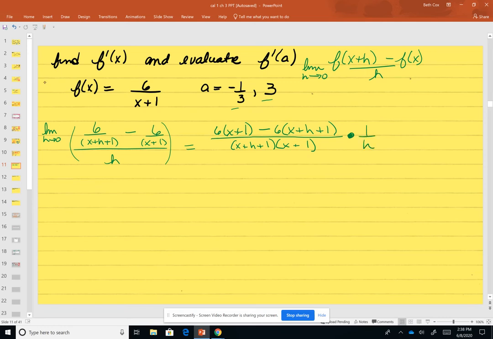All right, but this all over h becomes that times 1 over h. All right, so now we'll continue to simplify this. So I have 6x plus 6 minus 6x minus 6h minus 6 all over x plus h plus 1, x plus 1 times 1 over h.